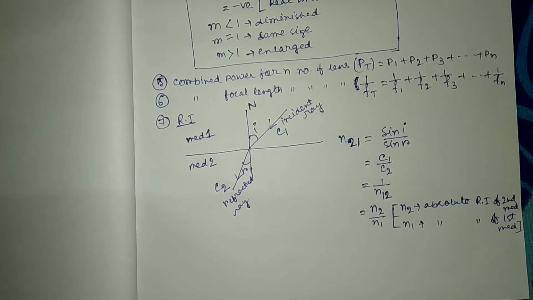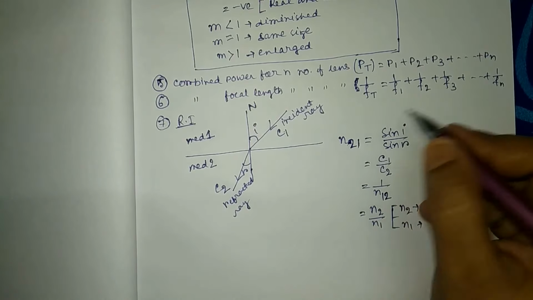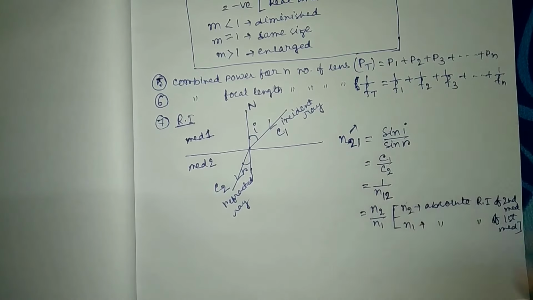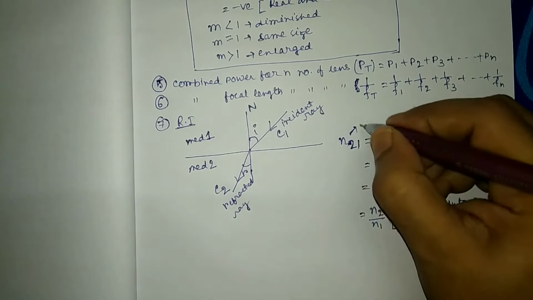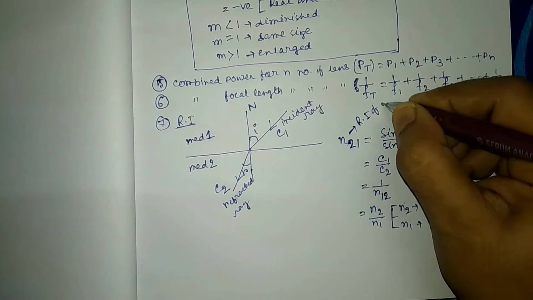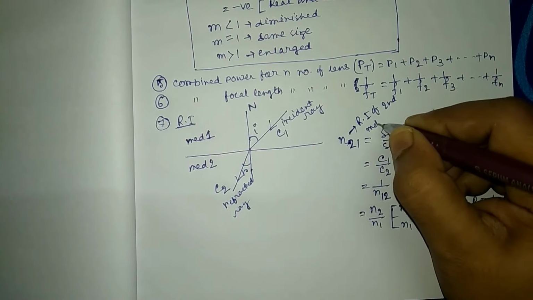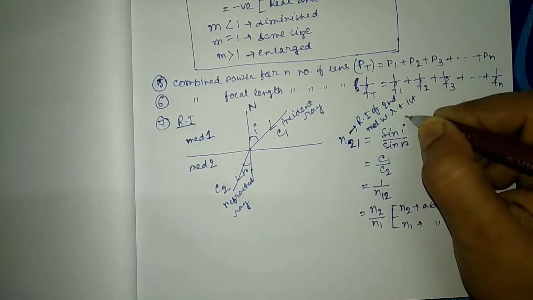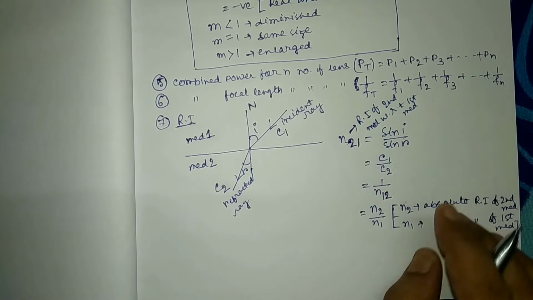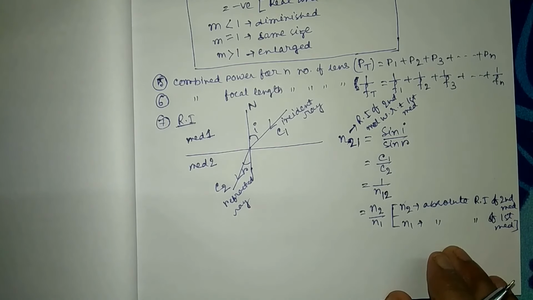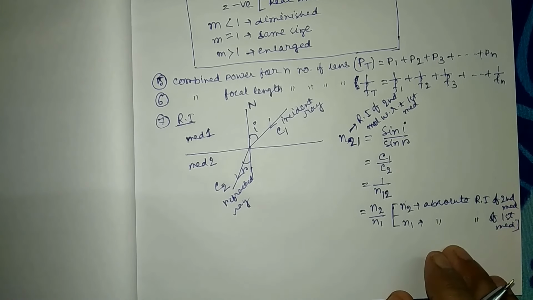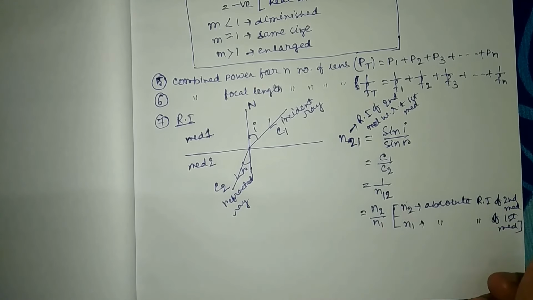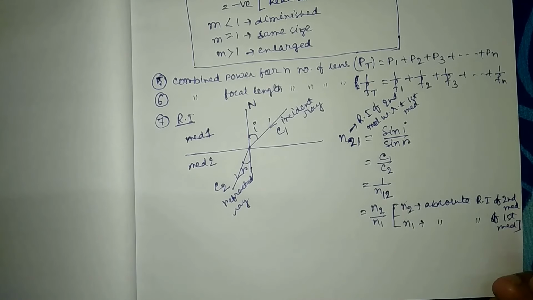Okay, and N21 equals the refractive index of the second medium with respect to the first medium. Okay, so this is the formula for calculation of refractive index.